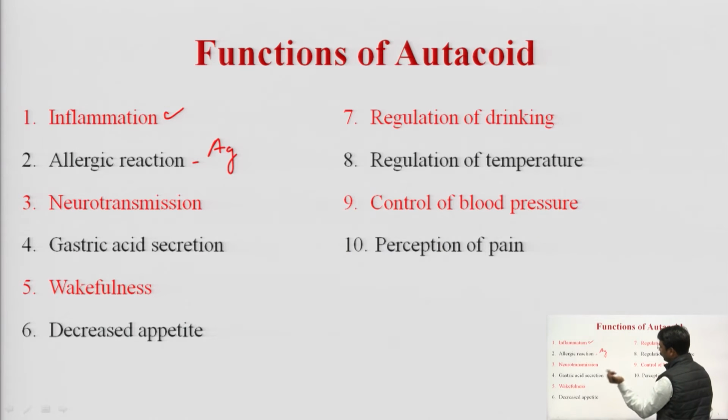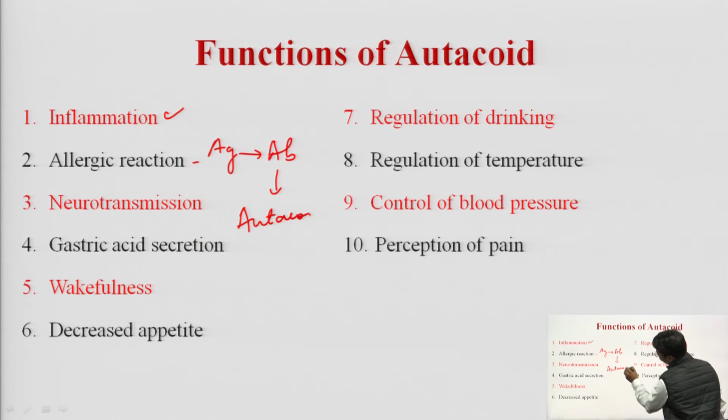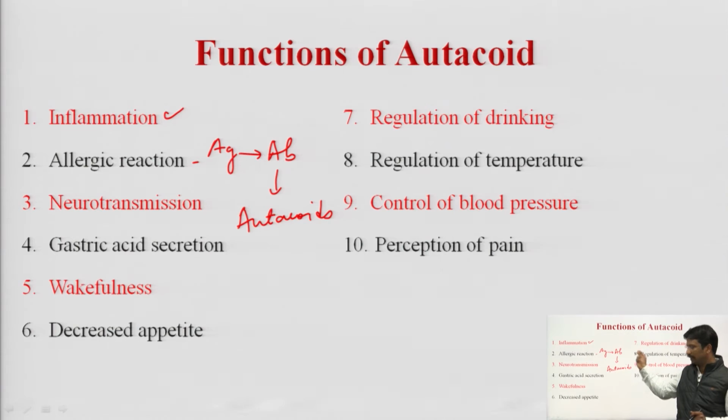Once the antigen enters into our body, it binds with the antibody and later leads to the release of Autacoids. By the help of this antigen antibody reaction, it will stimulate specific cells, the mast cells or other cells, histaminocytes. Okay, and later on these cells release the Autacoid associated with that particular cell.